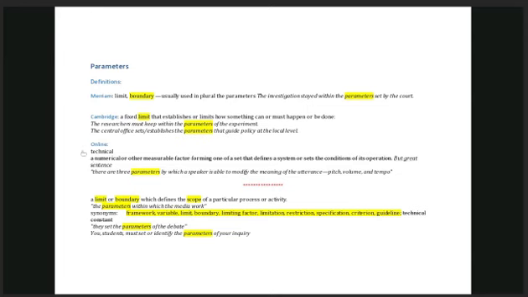All right, now, those of you who do some online searching might come across a technical explanation of what a parameter is, and I've crossed that out because that's not what we're after. But I do like the sentence in which it appears: there are 3 parameters by which a speaker is able to modify the meaning of the utterance.